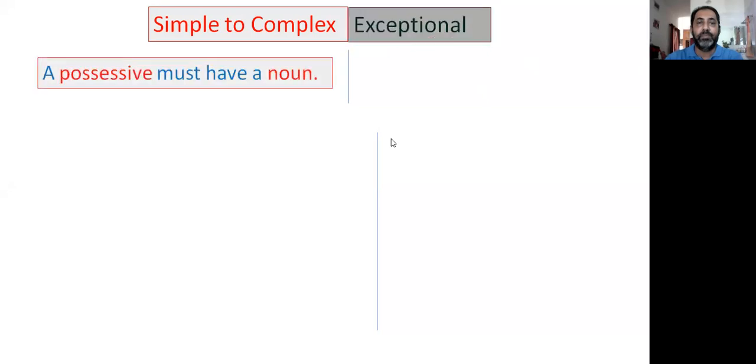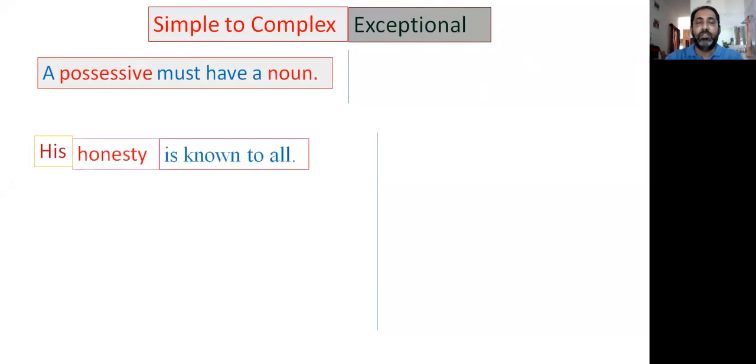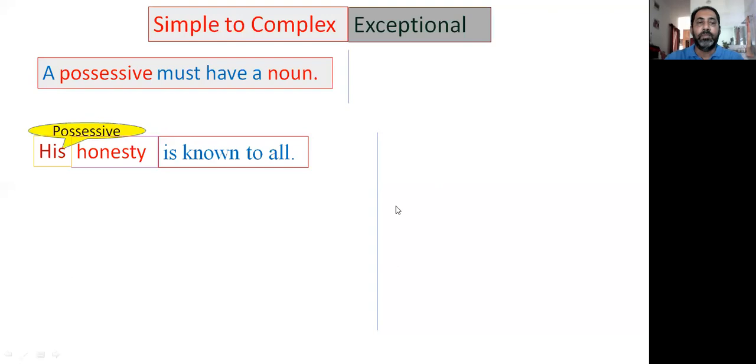A possessive must have a noun. His honesty is known to all. His is a possessive. Honesty is the noun.